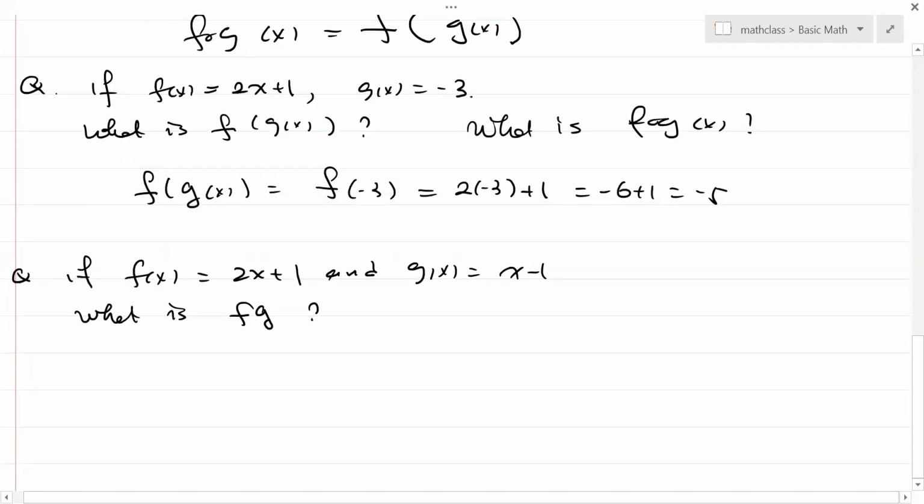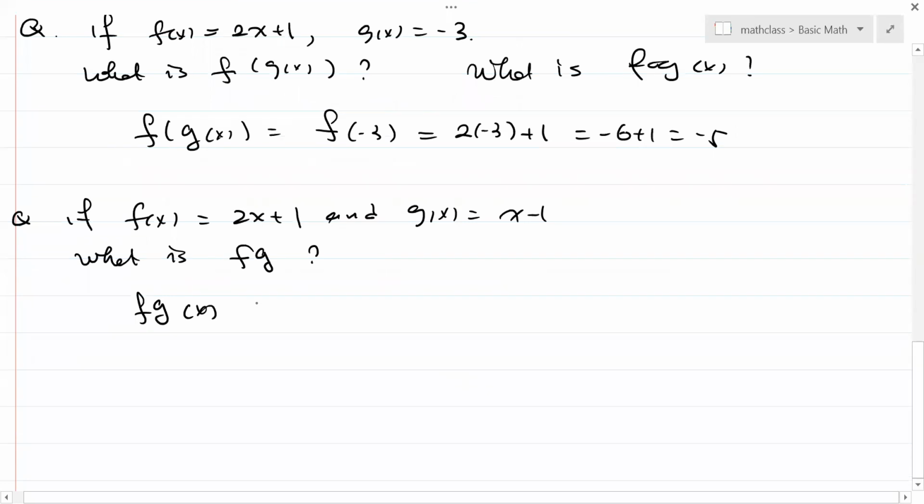It's the product of two functions. You can give it by formula, by definition, just f of x times g of x. That sounds simple, right? So you get 2x plus 1 and x minus 1.